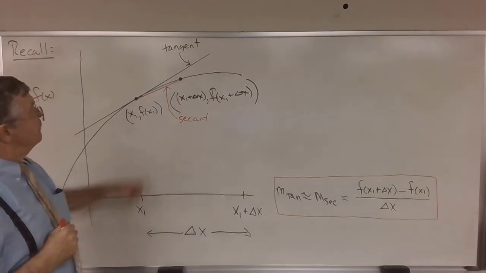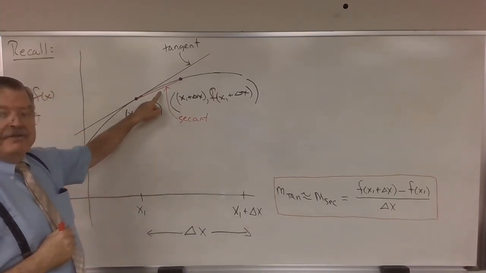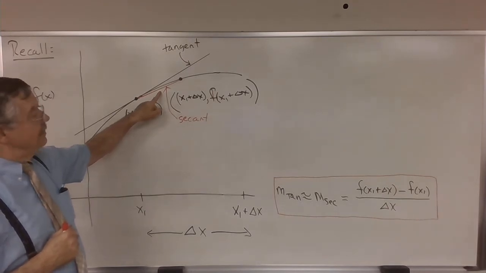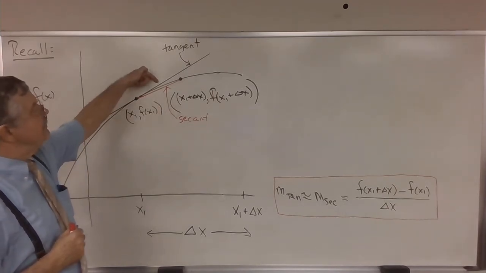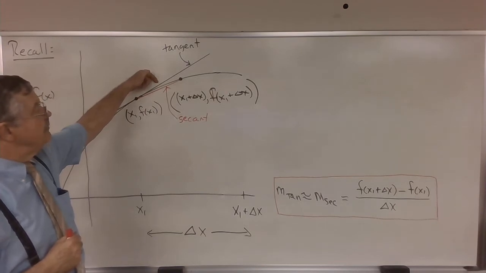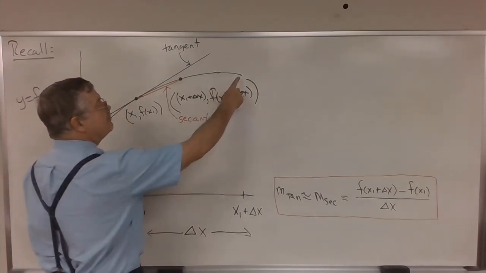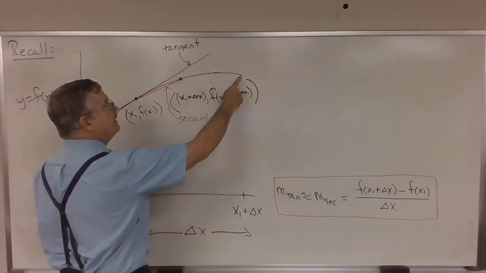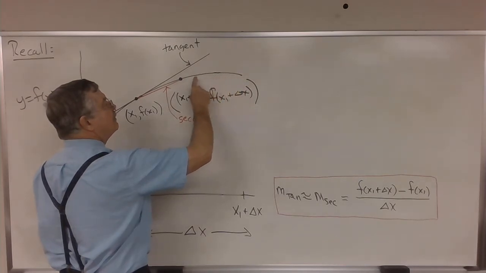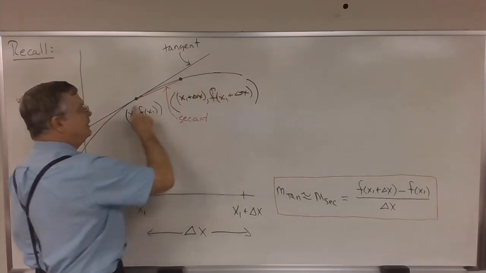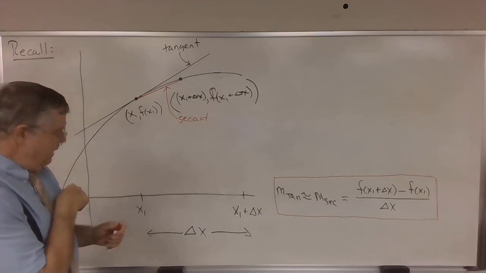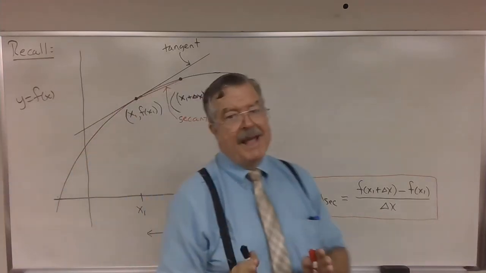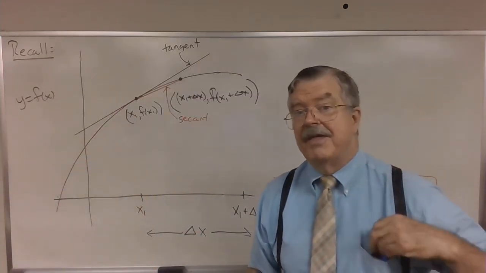And sure enough, the slope of the secant is going to be a much better approximation to the slope of the tangent. I just took the end point of the secant, which was right here, and moved it along the graph closer to the point of tangency. And notice something else that happened as a consequence of that.